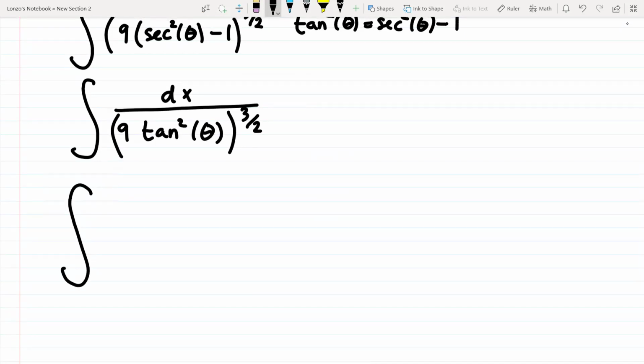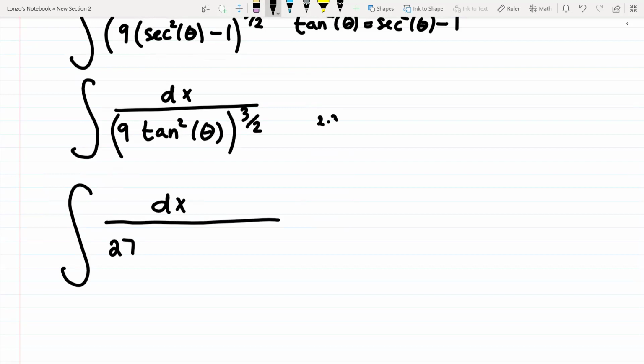Okay, so let's clean that up. On the bottom, what's 9 raised to the 3/2? That would be 27. Now, what about the tan squared raised to the 3/2? Remember the rule: when you raise a power to a power, you multiply the powers.